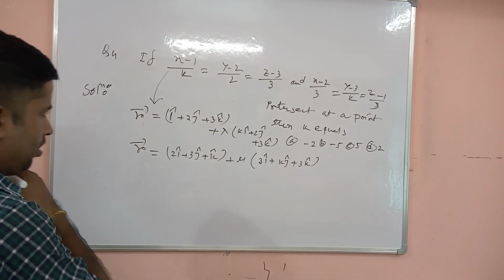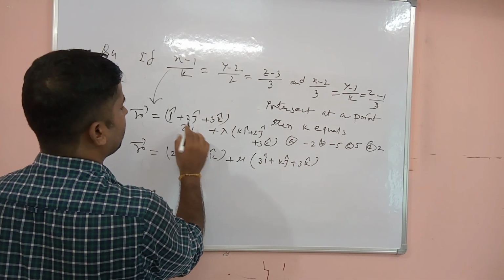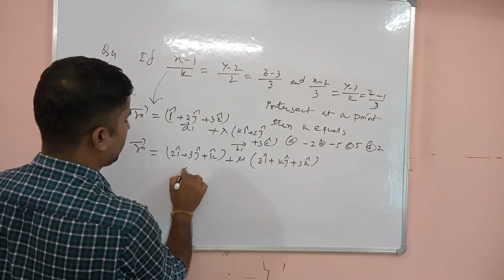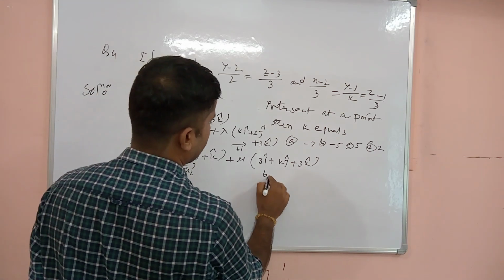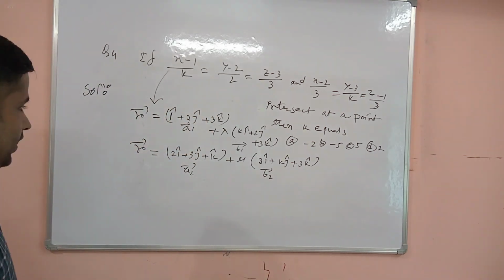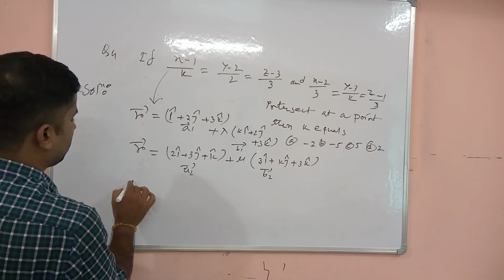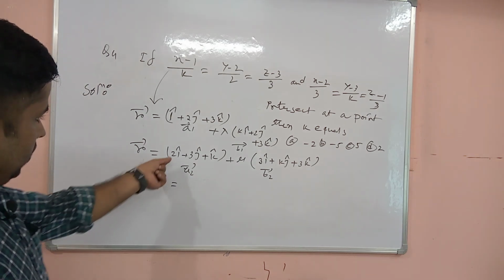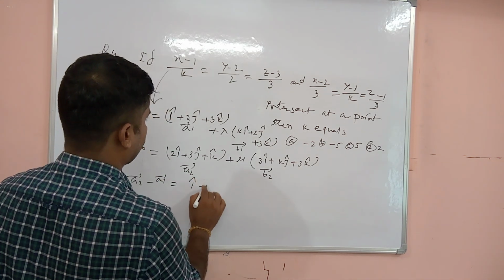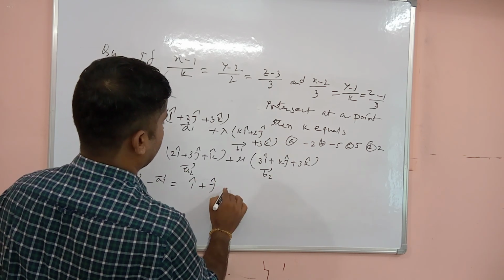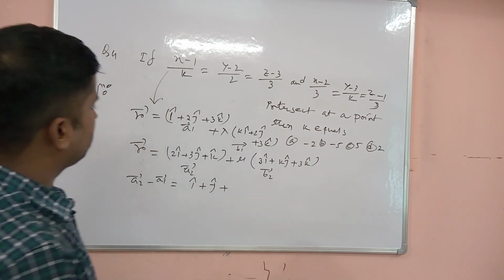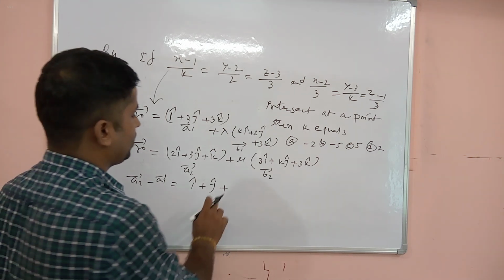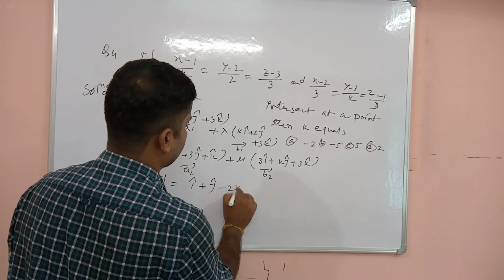Okay. Suppose this one is the a1 vector, this is b1 vector, this is a2 and this is b2. Then a2 minus a1, this minus this, is i plus j minus 2k.